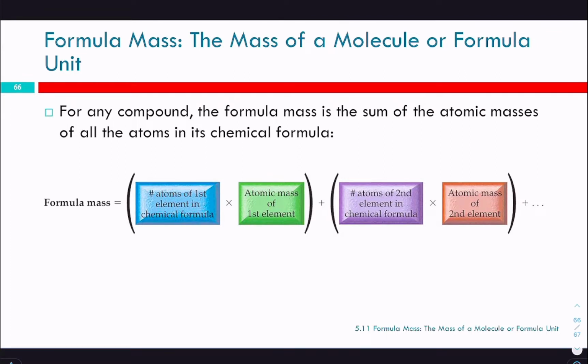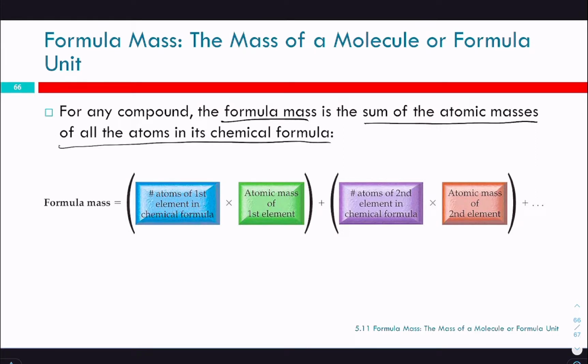Remember, ionic compounds are technically formula units, but you can think of them like molecules. The formula mass for any compound is the sum of the atomic masses of all the atoms in its chemical formula. This is a concept that we use for almost every problem for the rest of the semester.